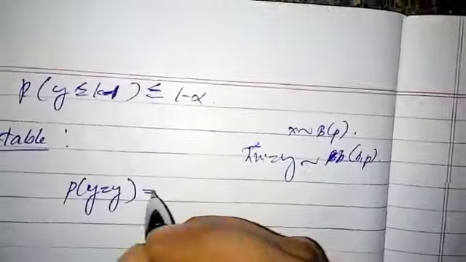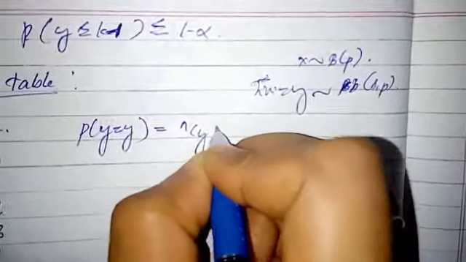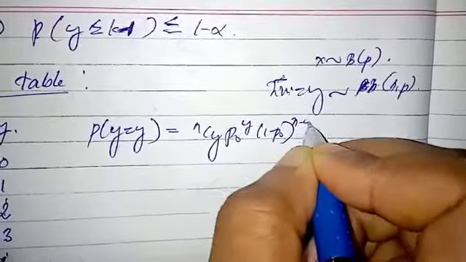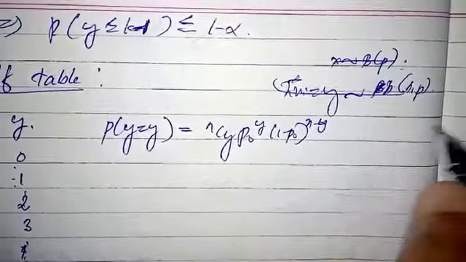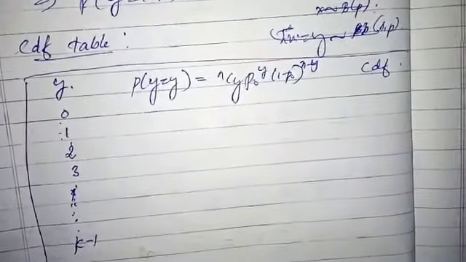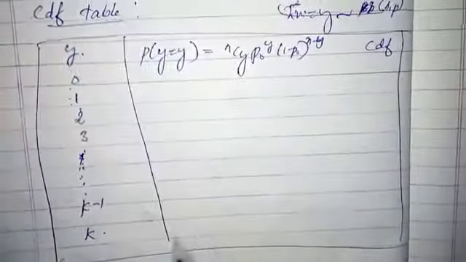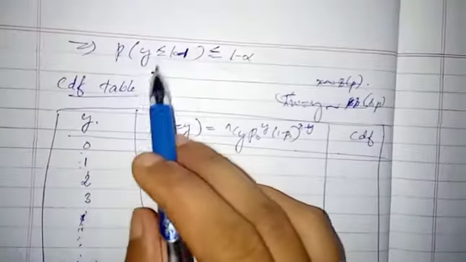That is, the probability of Y equal to y is n choose y, p naught to the power y, 1 minus p naught to the power n minus y, right, in the CDF. So here we need to find the CDF value, this value.